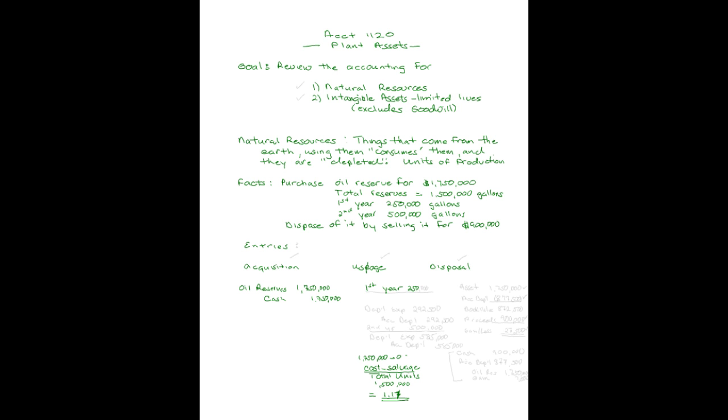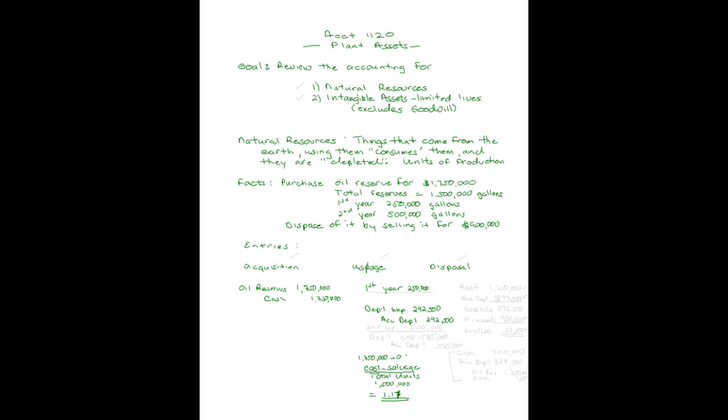The first year, we harvest 250,000 gallons. What would our entry be? It would be depletion expense and accumulated depletion. 250,000 times $1.17 equals $292,500. So $292,500 is debited, and $292,500 is credited.